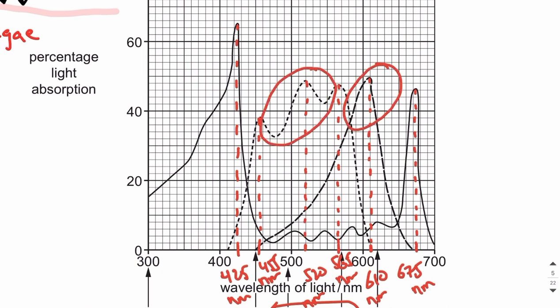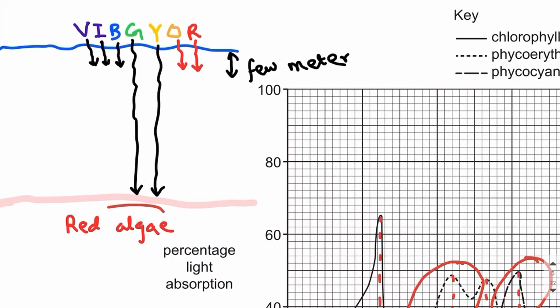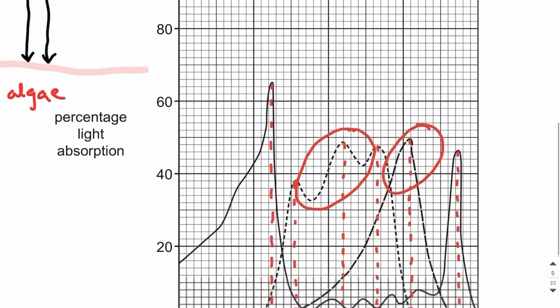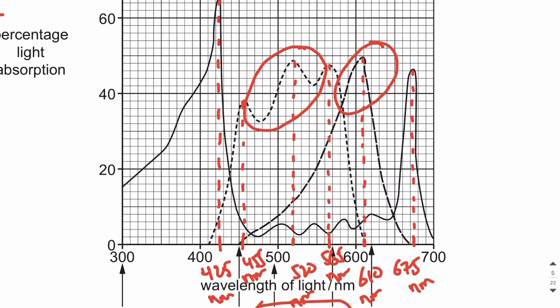Phycoerythrin and phycocyanin, right? Green and yellow light is reaching red algae and it's mainly absorbed by phycocyanin and phycoerythrin. Chlorophyll A is not absorbing these lights. So what we need to mention?